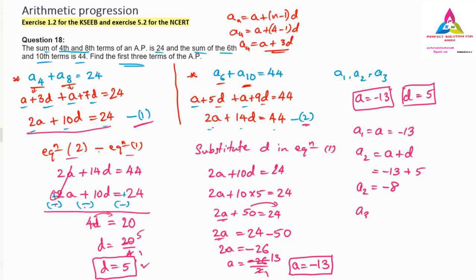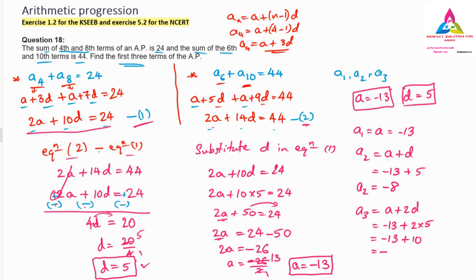Now coming to a3. a3 is nothing but what? a plus 2 times d. So a value obviously minus 13 plus 2 times d value, d is 5, minus 13 plus 2 5s are 10. The greatest number has the negative symbol. Both are different signs, one is plus, one is minus.